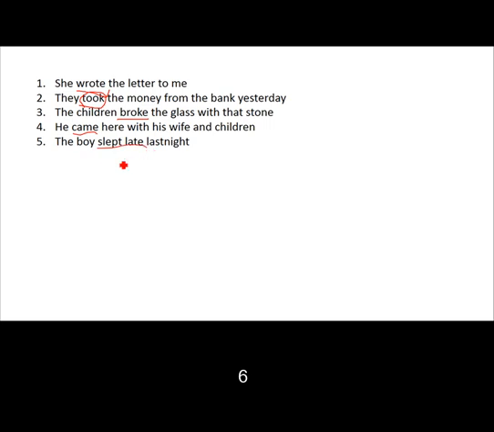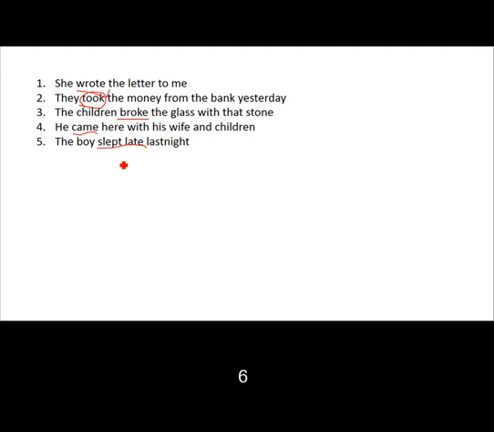Now those are how we make sentences in the past. Well, students, I do hope that you are going to find more examples on how to make sentences in the past form.